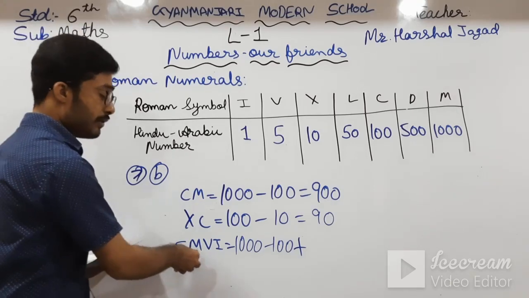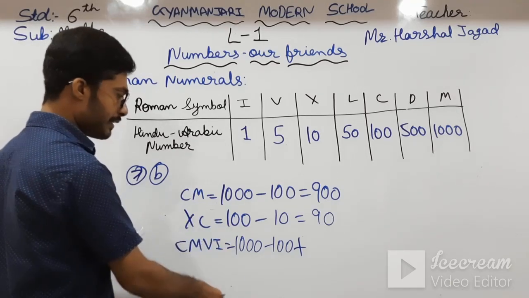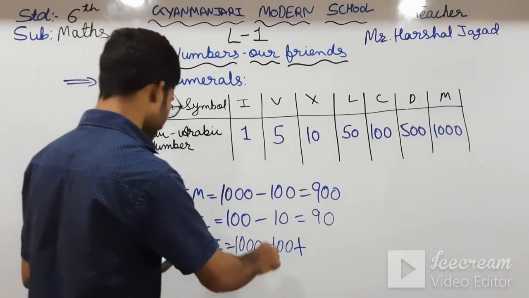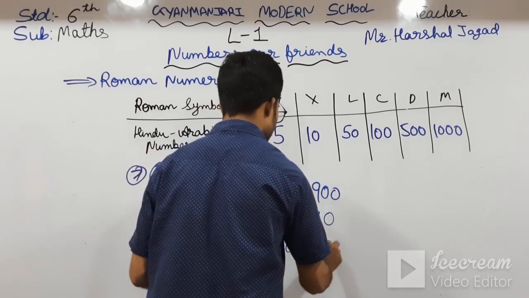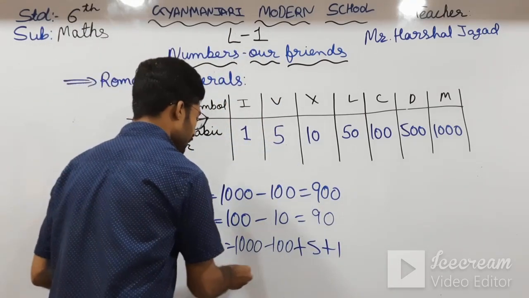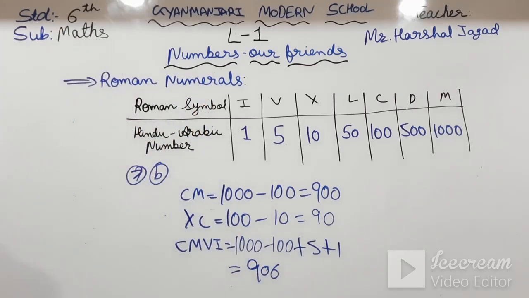If a bigger value follows, then minus, but here the value first increases then decreases, so this we have to add, that is 5 plus 1. Okay students, that is 906.